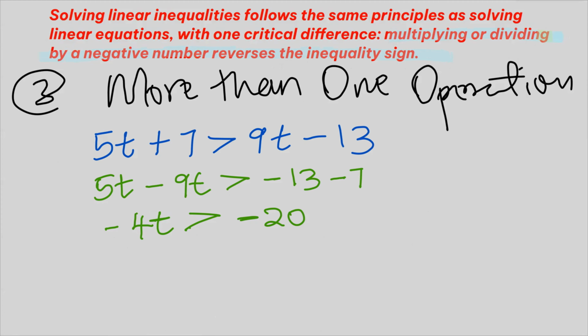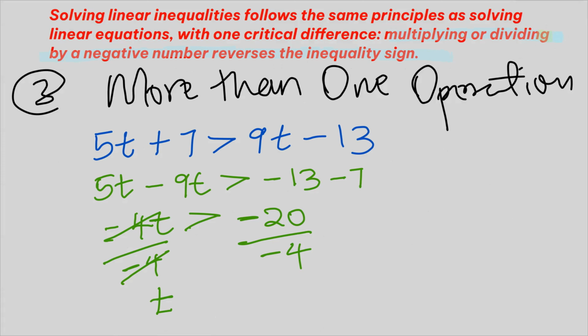Negative 20. Now to isolate t, we are going to divide both sides by negative 4. So here and here we will have t.